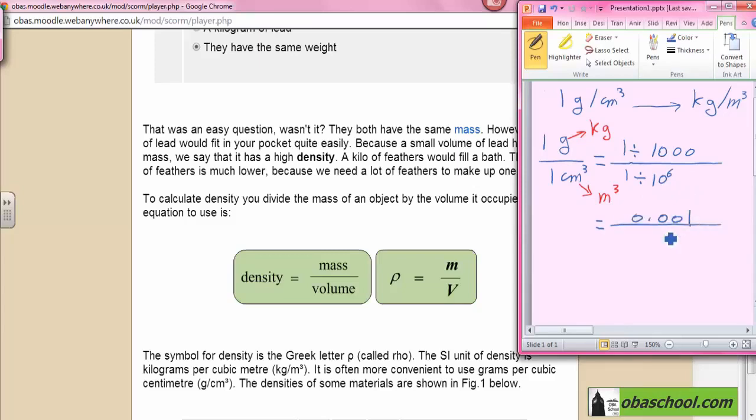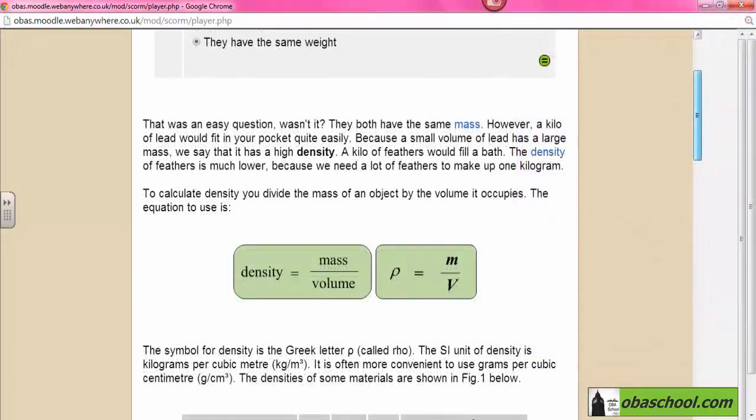So that is equal to 0.001 over 0.000001, which is equal to 1000. So 1 gram per centimeter cube is equal to 1000 kilogram per meter cube.